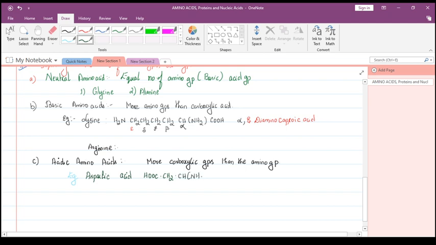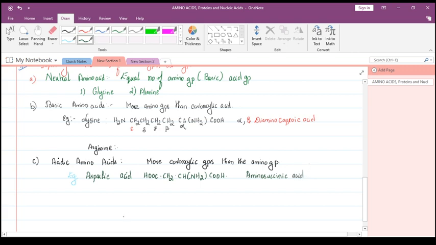But at least one or two you should know. So the example is aspartic acid. Another name is aminosuccinic acid.